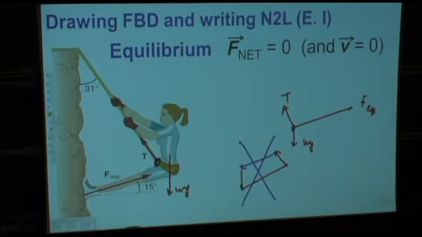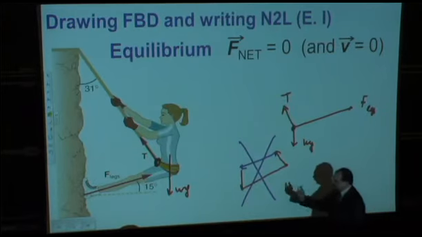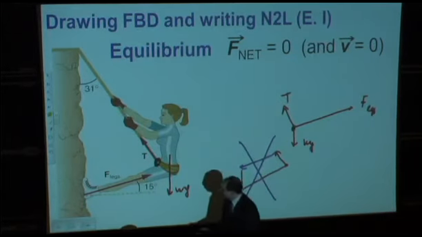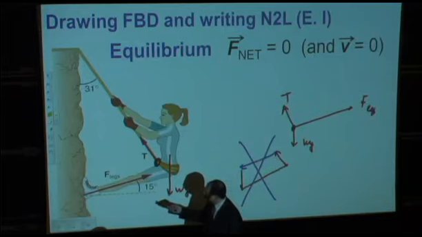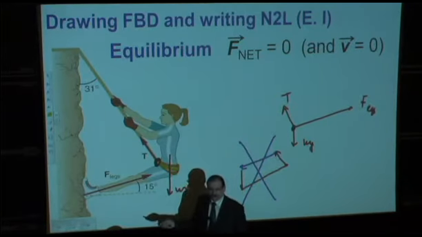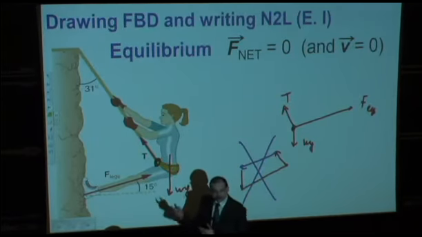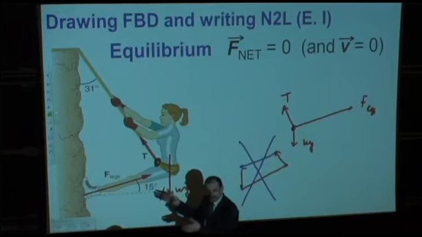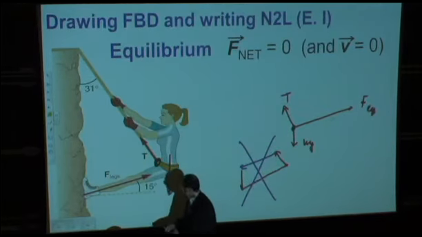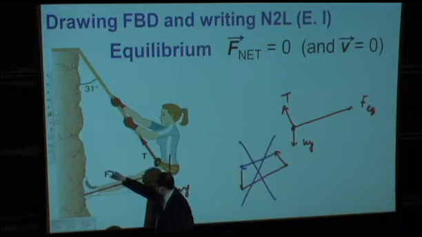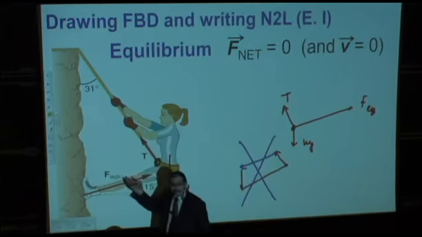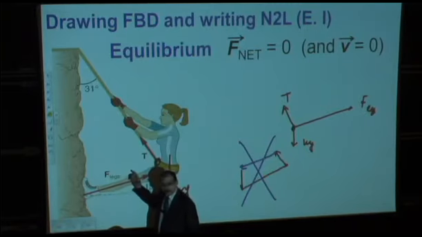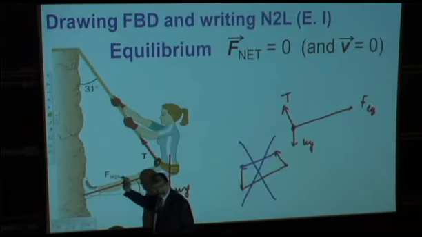Well, I suppose it's a matter of what the person who wrote this calls it. I suppose we could have called it the force from the wall on the legs. That's not the force which her legs are exerting on the wall.